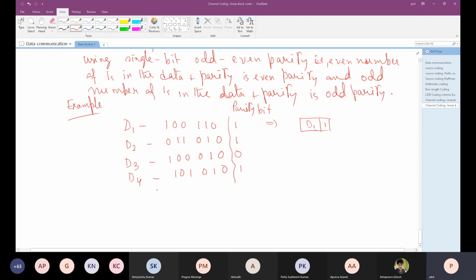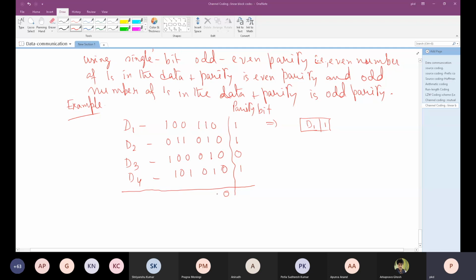Now, this concept was modified a little by making what is known as 2D parity. In 2D parity, the parity is checked column-wise as well. So here there is an even number of ones, so 0, odd parity.